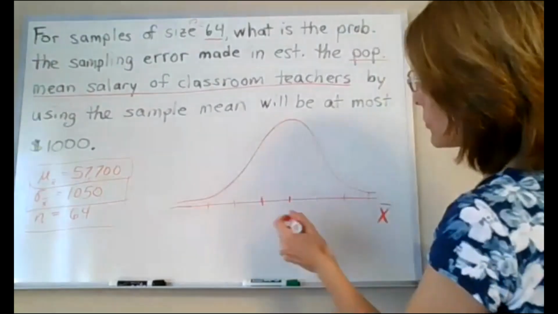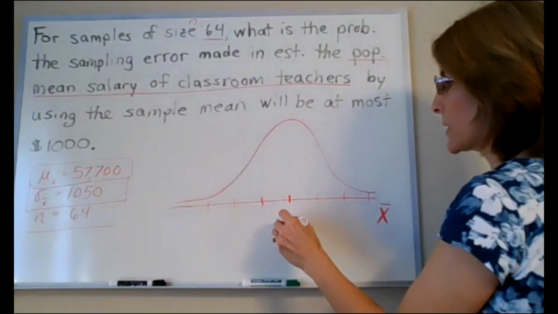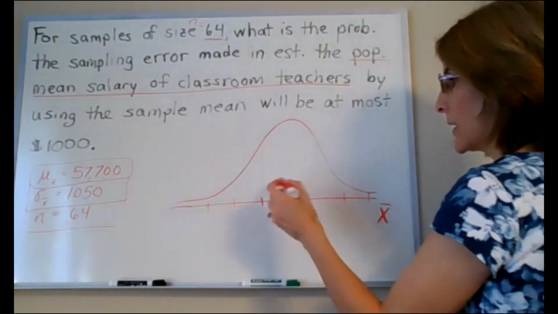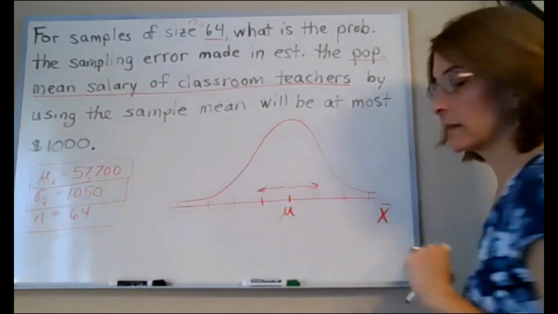If you draw your picture of X bar, where the mean of X bar is the mean of the population, it's asking what's the probability I'm within 1,000 of that?